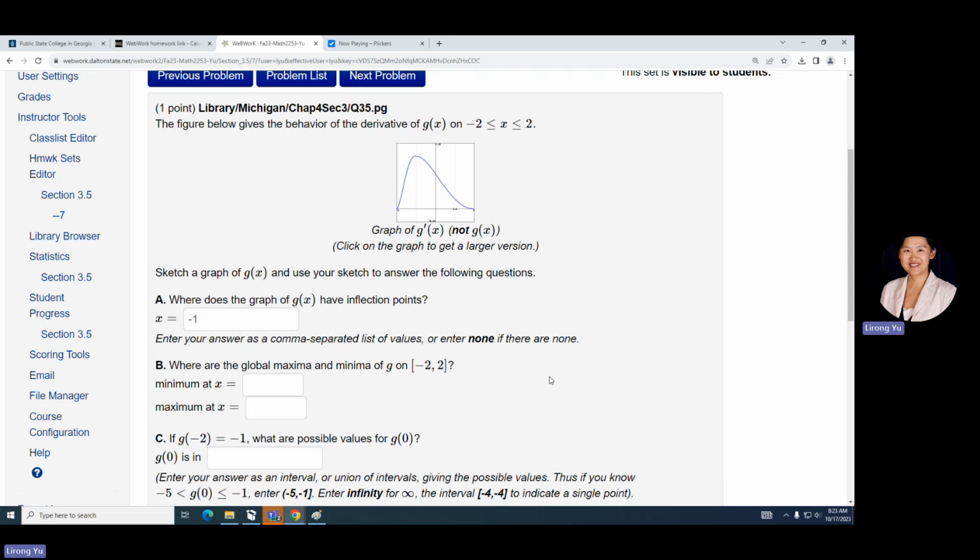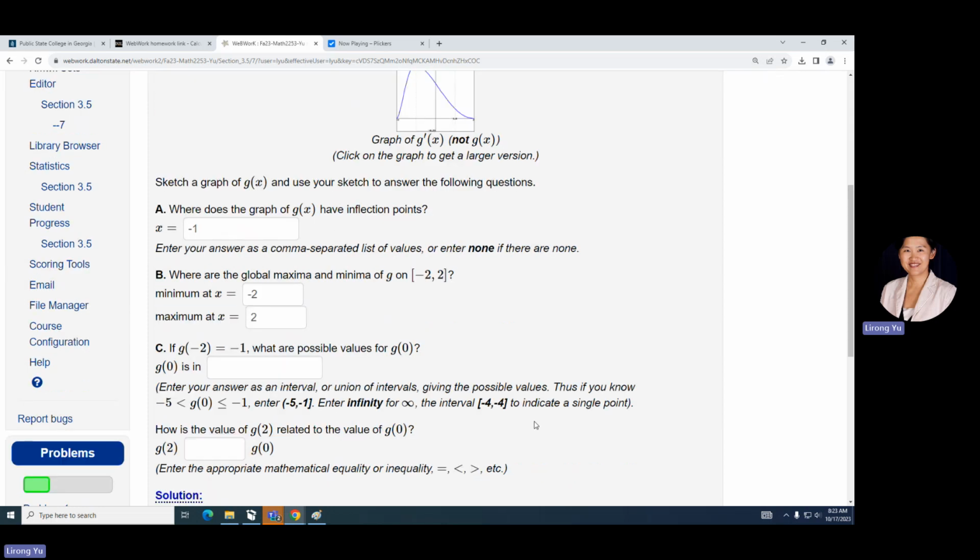When we pretend this is the original function, that was the derivative function. Because it's been increasing, at -2 you have a minimum, and at +2 you have a maximum. So the minimum is x equals -2, the maximum is at +2.